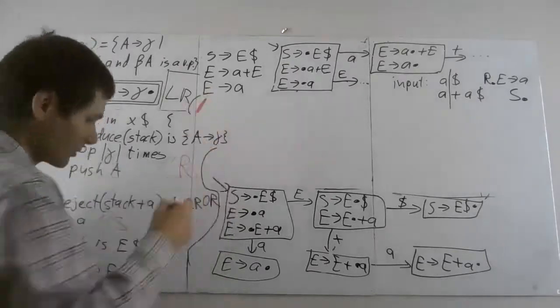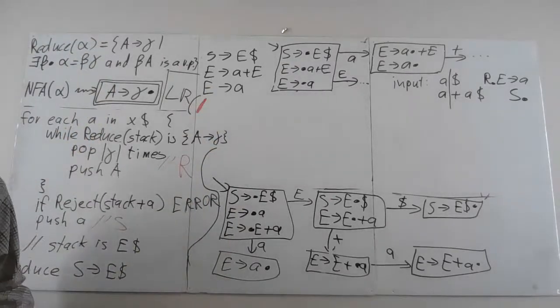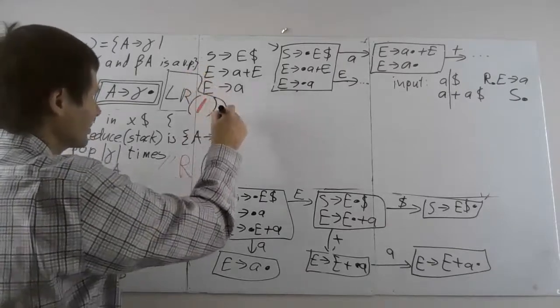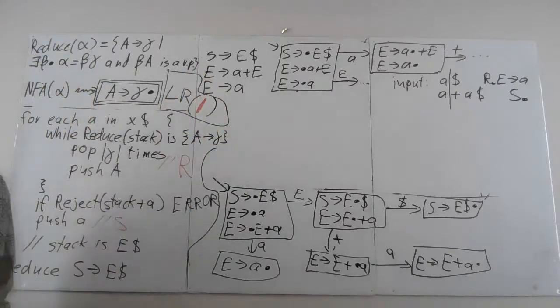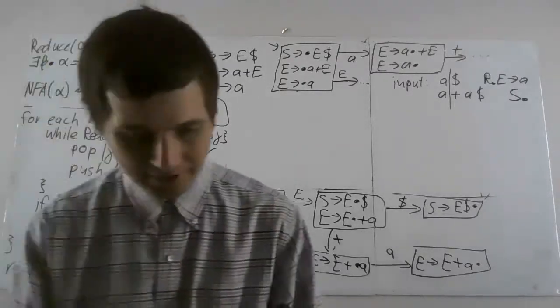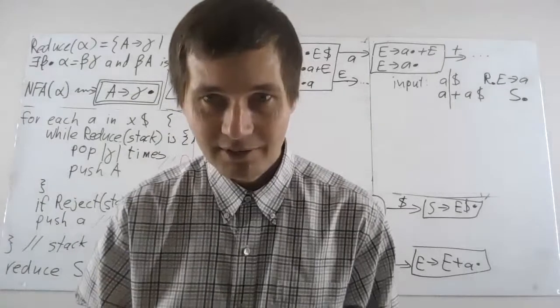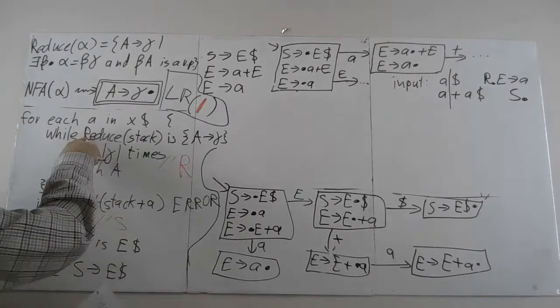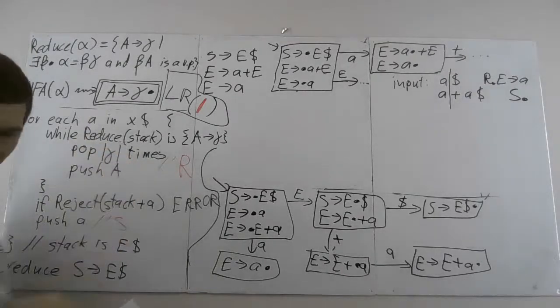Okay, so we're going to use a different algorithm, but the LR1 algorithm is almost identical to the LR0 algorithm. YouTube hates me. Okay. All right. So it's almost identical. The only difference is my reduce function here.